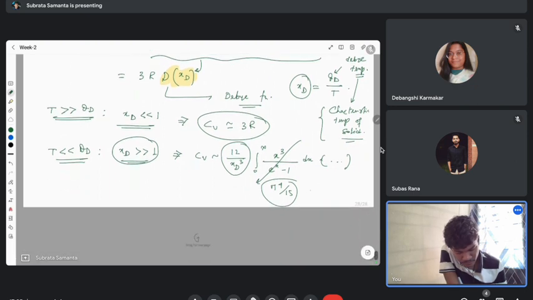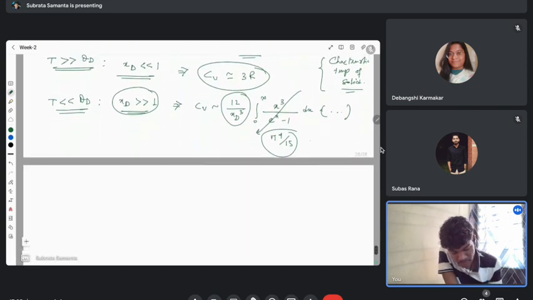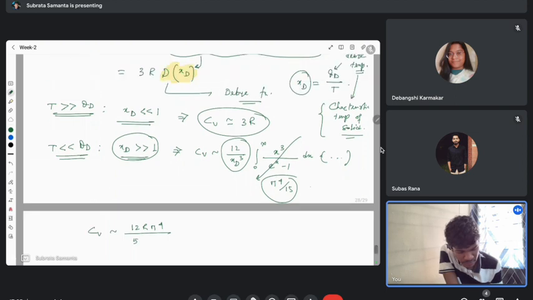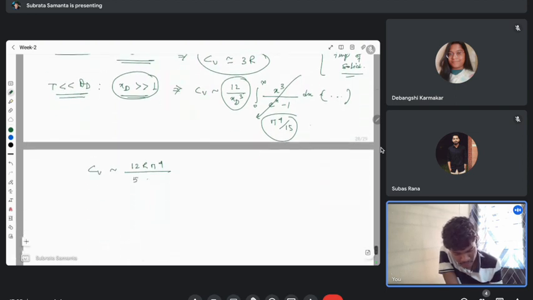If we write it in terms of temperature, Cv is some constant. If we write the exact constant, it is 12 pi to the power 4 by 5, and x_T is theta D by T, so x_T cubed gives theta D cubed over T cubed.